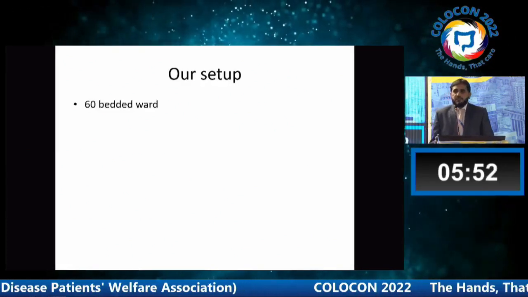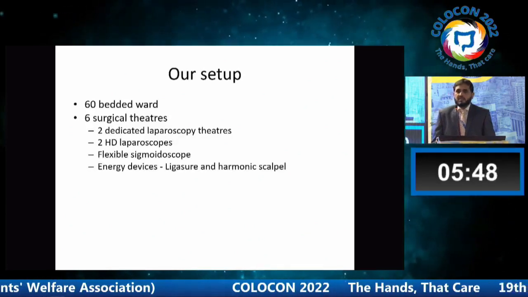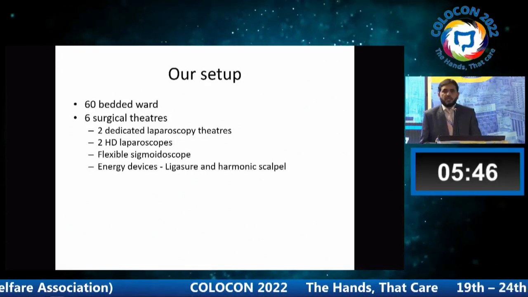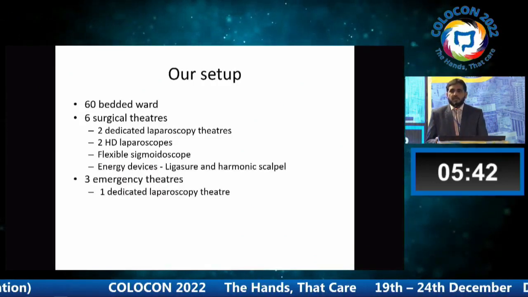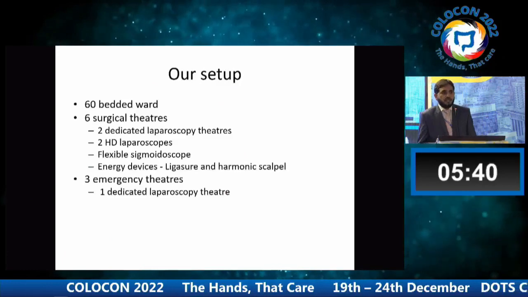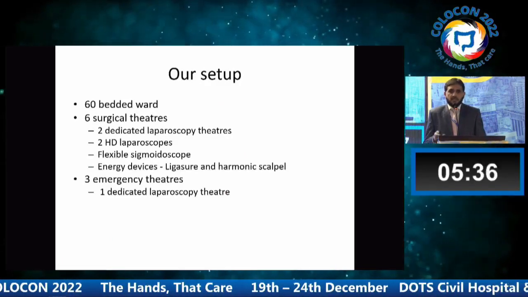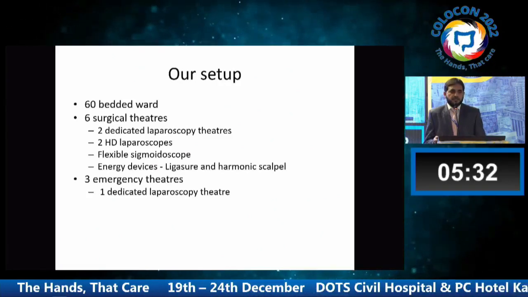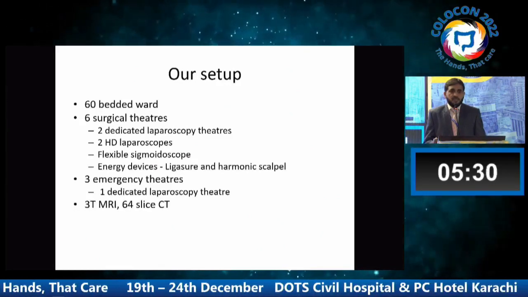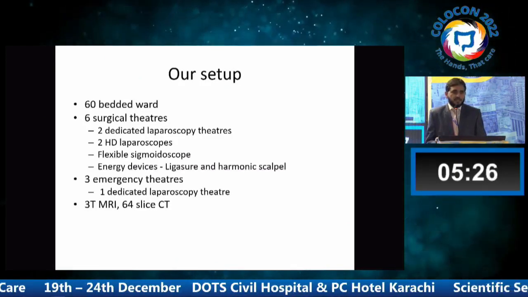Our setup consists of a 60-bedded unit with 6 elective operation rooms and 2 emergency operation rooms with 3 laparoscopes, 1 in emergency and 2 in elective settings. There is an established pathology unit, radiology unit and MRI unit. There's a 3 Tesla MRI there.